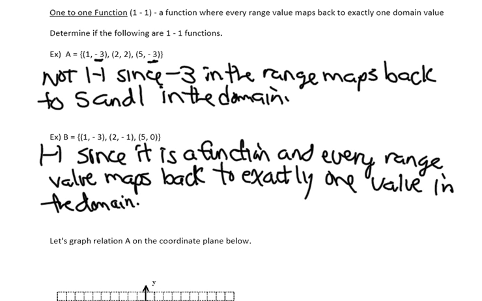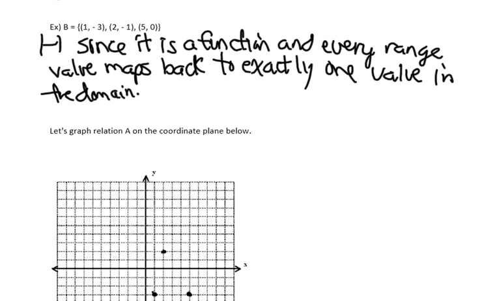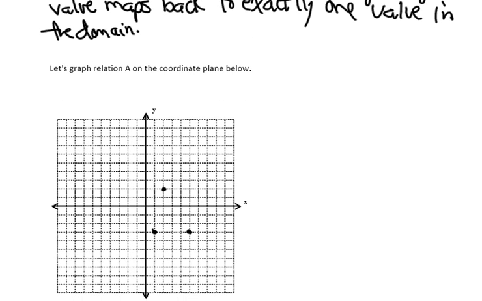Now, what I will do below here is to graph relation A on the coordinate plane. So these are the 3 points from A. Looks like 1, -3, 5, -3, and 2, 2. Now remember, we talked about how 2 different domain values go to exactly the same range value, and that was -3.